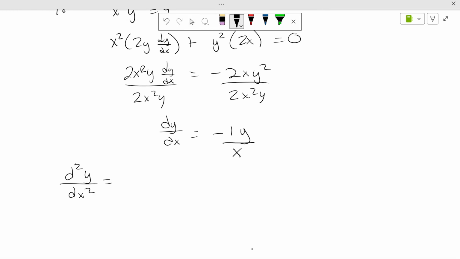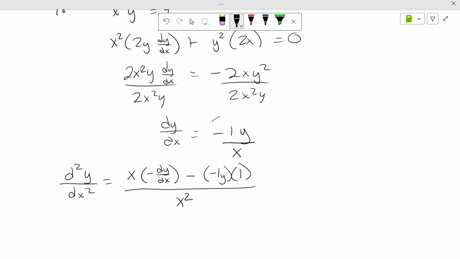So the second derivative would be the quotient rule. X times the first derivative of negative y over x, which is negative dy dx, minus negative y, or negative y, times the first derivative of x, 1, over x squared.